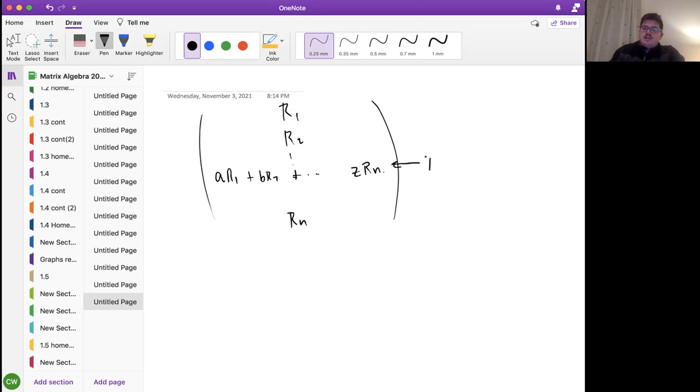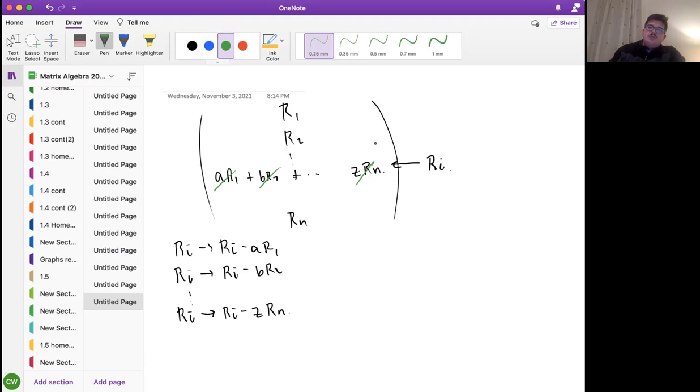And let's say this is row I. We can do the row ops, row I to row I minus A row 1, row I minus B row 2, and you could do that for every single term, row I to row I minus Z row n. So if you do that for every single term, you can do row ops to zero out row I.